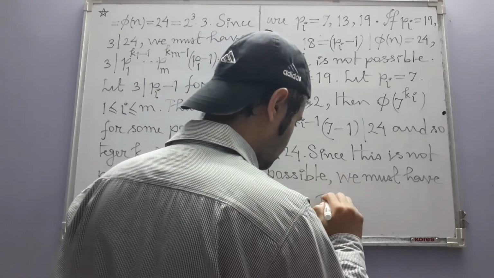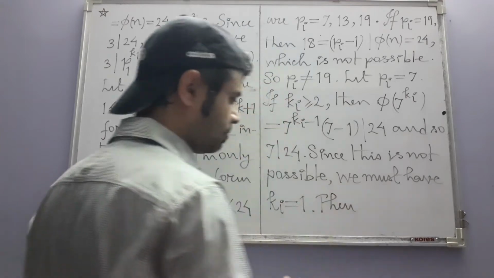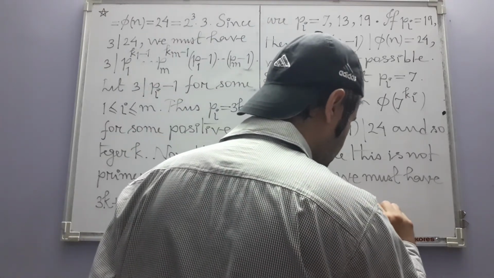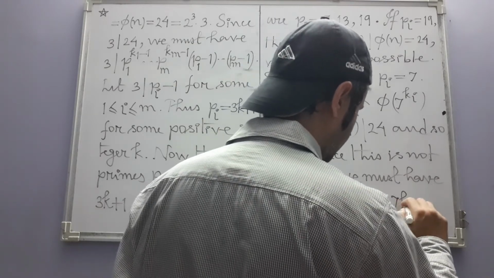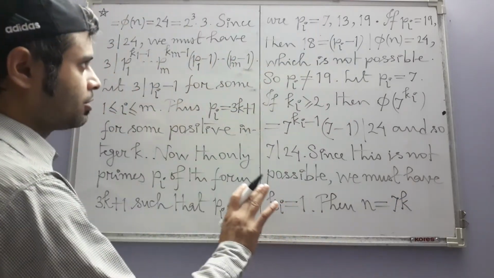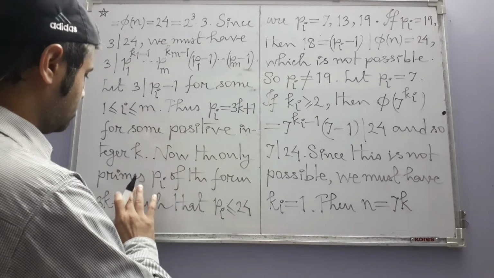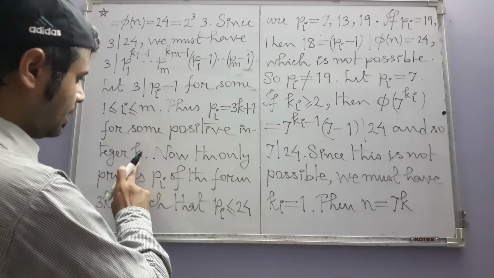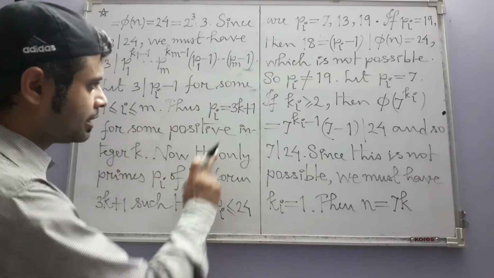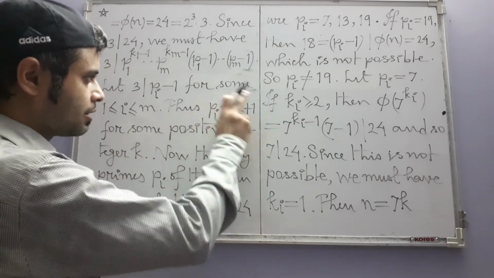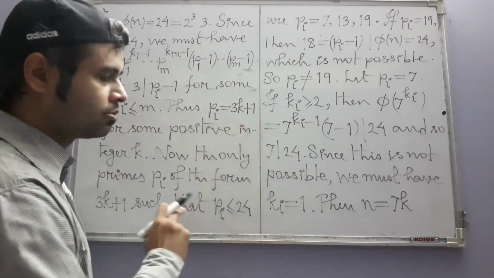Thus, n is of this form 7k. I hope I did not use k anywhere else. Here I have used k, but that is not a permanent thing. It's just telling us the form that pi should take.